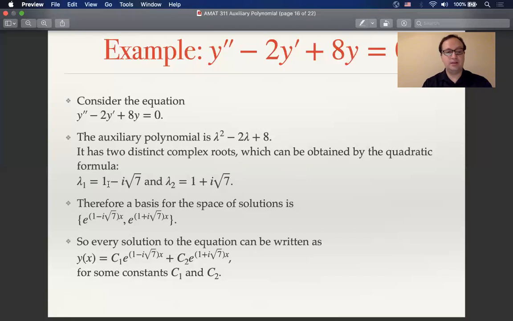You should use the quadratic formula if you want to solve this equation, and the two roots are 1 plus or minus square root of minus 7. And square root of minus 7 is the same as square root of minus 1 times square root of 7. So it is plus or minus i times square root of 7. So the two solutions are 1 minus i square root of 7 and 1 plus i square root of 7.